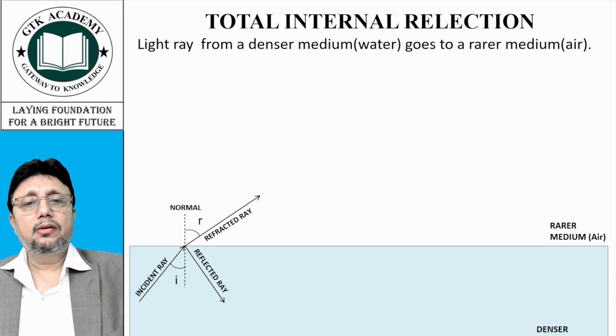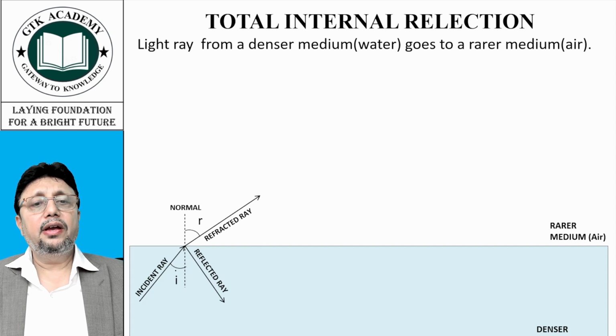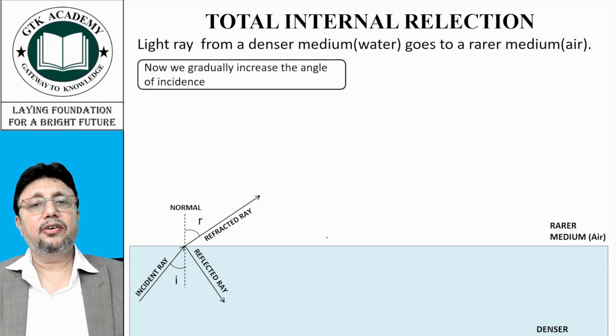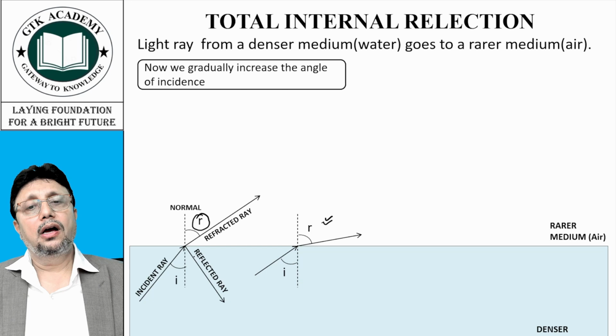Now what we do here, we increase the angle of incidence slowly, gradually and gradually. What will happen? If you increase the angle of incidence, the angle of refraction will also increase. This will be the angle of refraction. You can see here the angle is greater than the angle here. Again, we increase it a bit more.